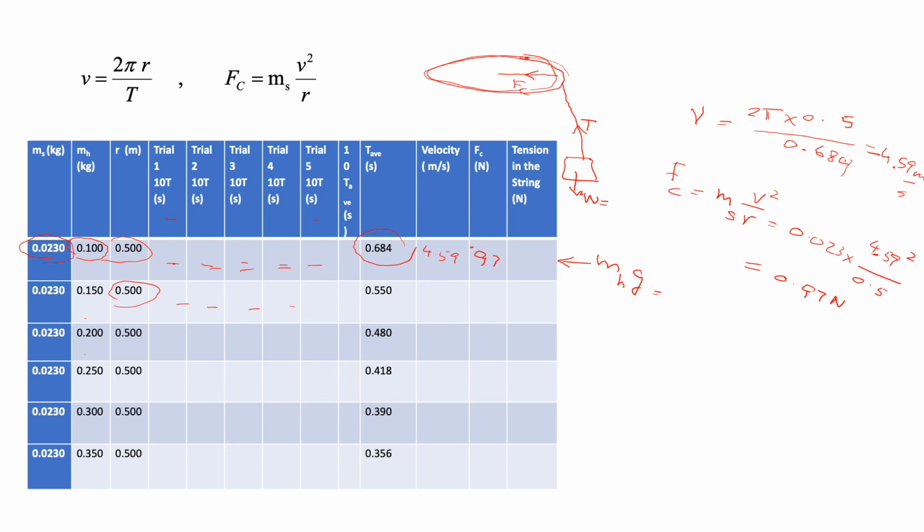The hanging mass is in this case 0.1 kilograms, and g is gravity, sorry, 9.8 meters per second squared.